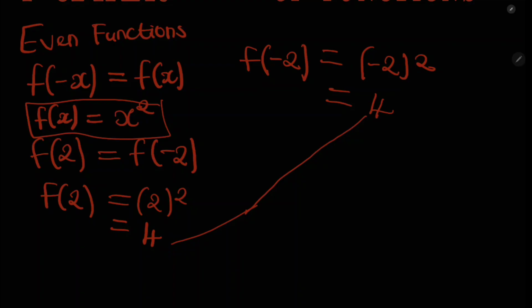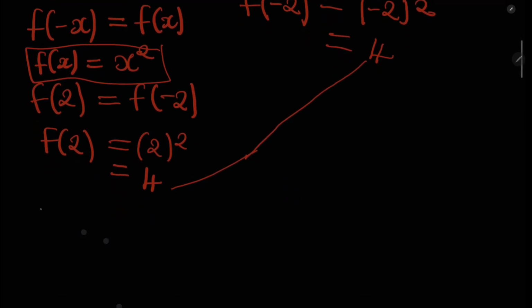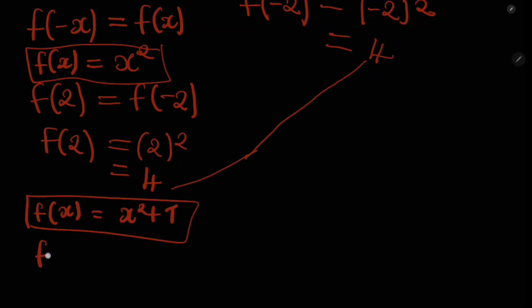Okay, let us take another example. Let's say f of x equal to x squared plus 1. Let's check this out. So our f of x is this. Our f of minus x is going to be minus x squared plus 1.